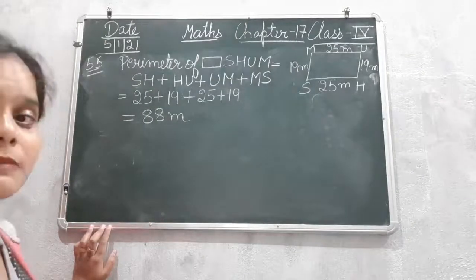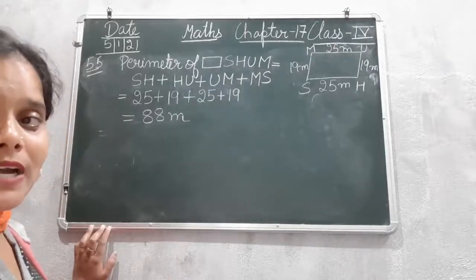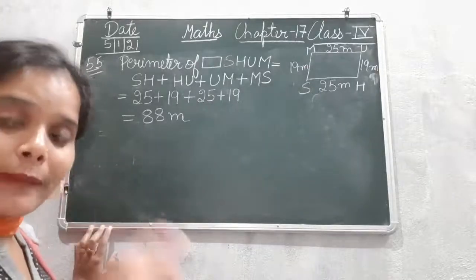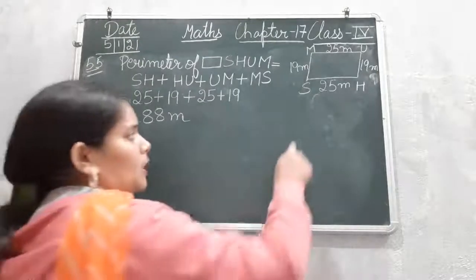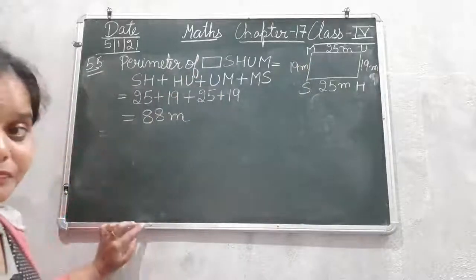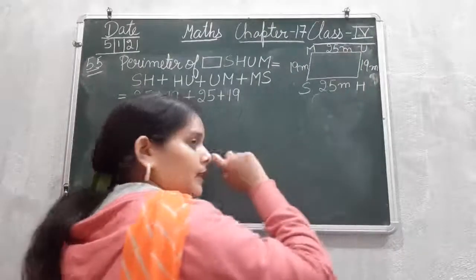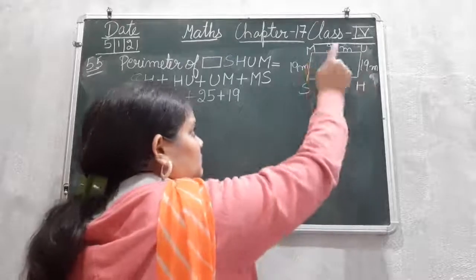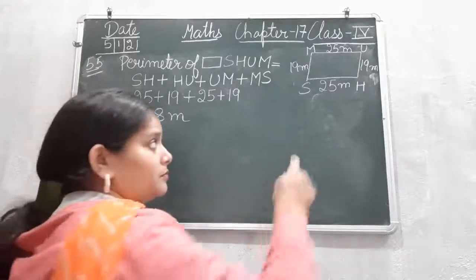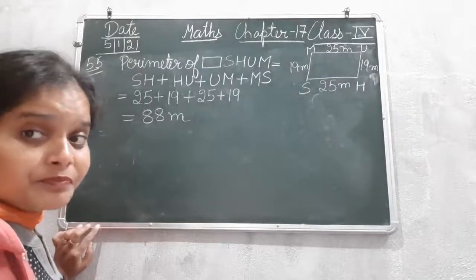Okay, so this 88 meter perimeter means one round. The total distance that the boy is covering in one round is 88 meter. तो 88 मीटर जो हमारा पैरीमीटर है, देखिए उसने रेक्टेंगुलर ग्राउंड के 3 बार रनिंग की, but we have to find the total distance. तो हम अब 3 बार इसको अलग अलग कैलकुलेट करने की बजाय, if we can calculate the total distance that he is covering in just one round, that is 88 meters, so we can easily find the total distance that he is covering in 3 rounds.